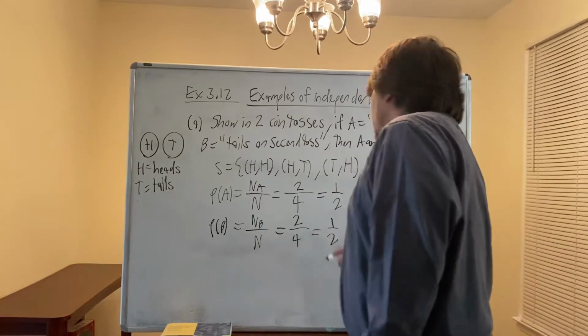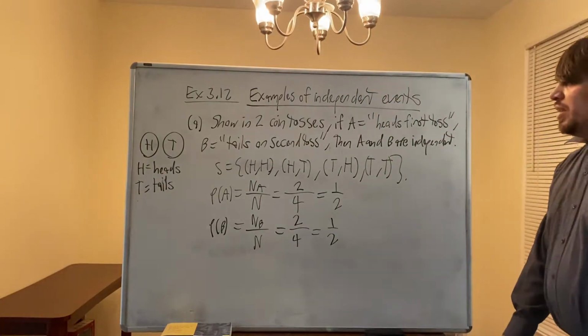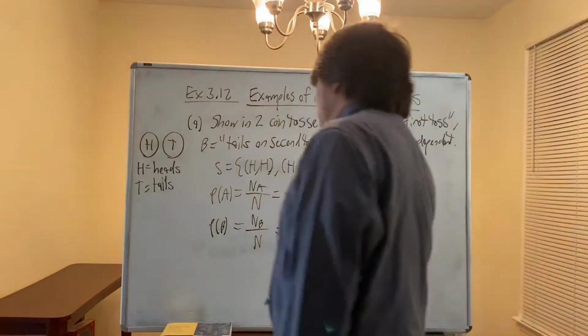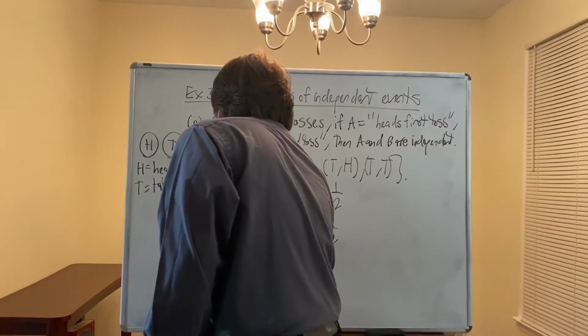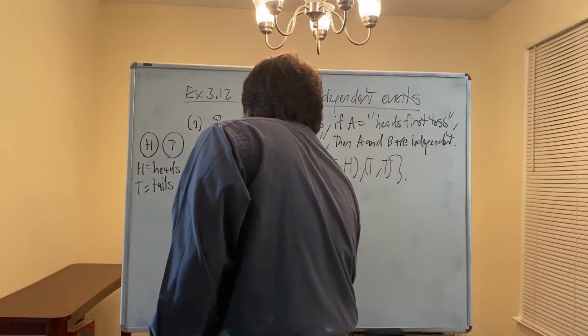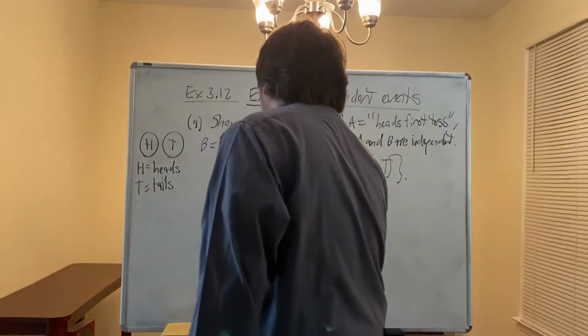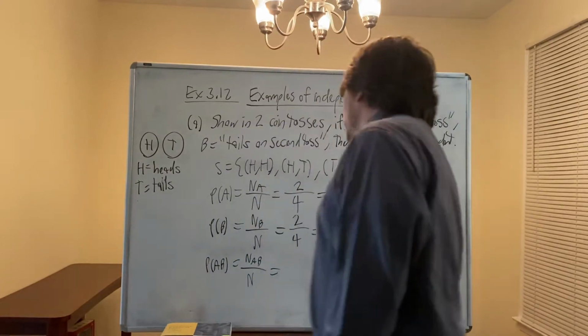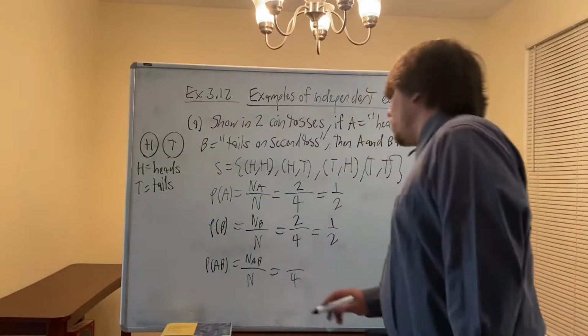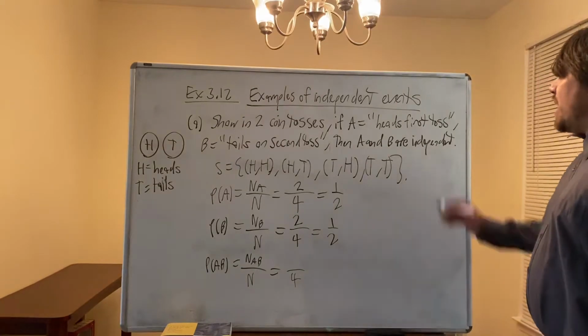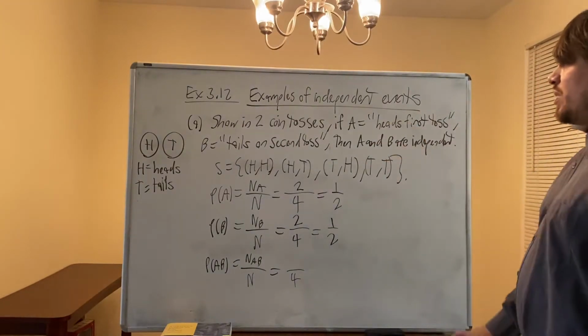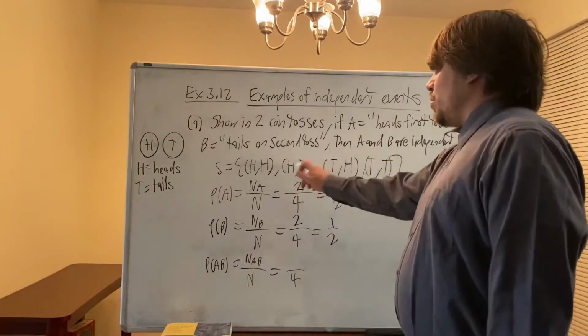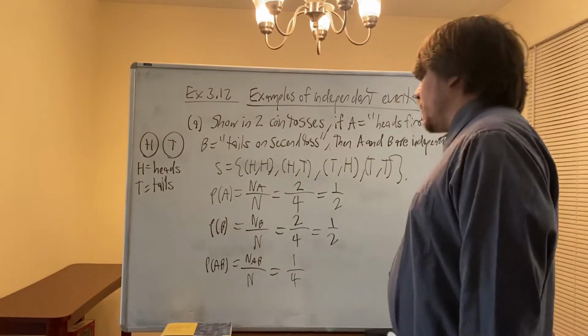And so the probability of B is also 1/2. The probability of A and B would be the number of sample points in the event AB divided by the total number of sample points. So the total number of sample points is 4. Now AB would be heads on the first toss and tails on the second toss. And so there's only 1 like that. So it's 1 out of 4.